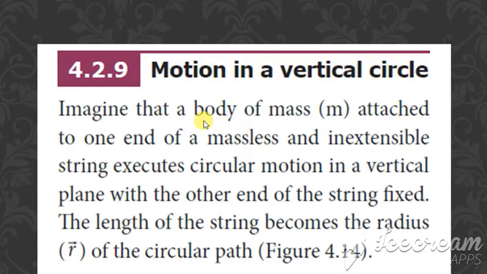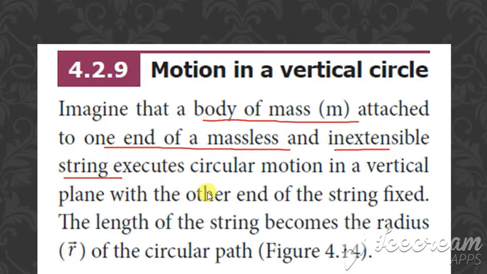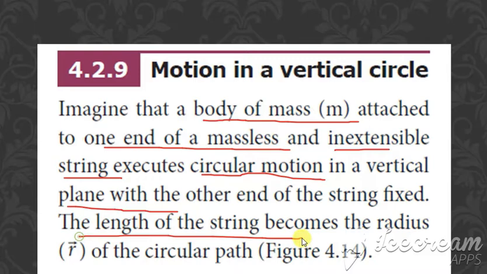For this, let us consider a body of mass m, which is attached to the end of a massless and inextensible string, so that it executes a circular motion in a vertical plane. The length of the string becomes the radius of the circular path.